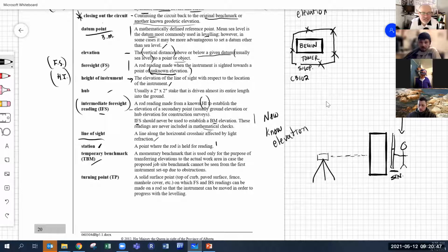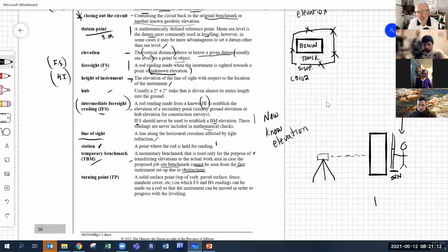We have these temporary benchmarks, and this is a momentary benchmark that is used only for the purpose of transferring elevations to the actual work area. This is just in case the proposed job site benchmark cannot be seen from the first instrument setup due to obstructions.